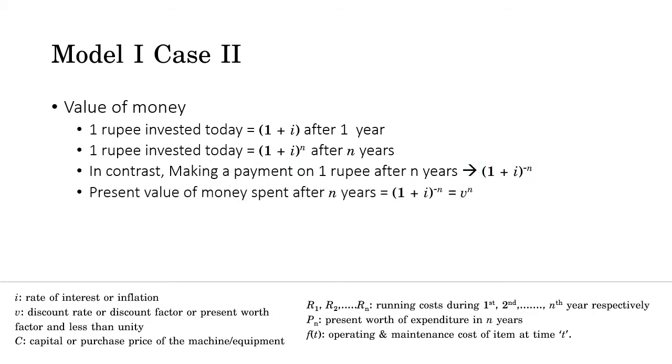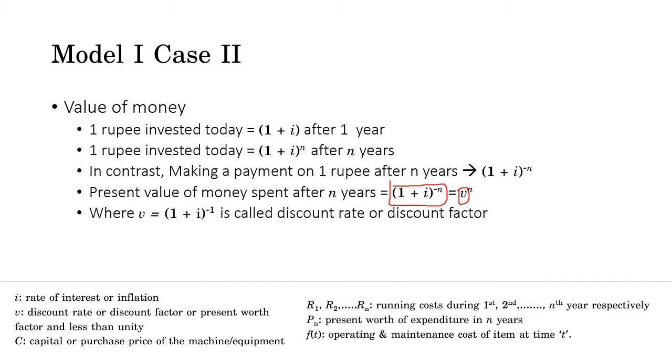Hence the present value of money spent after n years can be calculated by using this formula, and this (1 plus i) raised to minus 1 we are going to represent by a small letter v, where the small v is (1 plus i) raised to minus 1, and this is called the discount rate or discount factor.